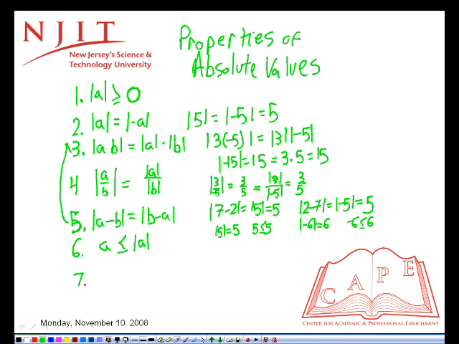The seventh property is called the triangle inequality. This says that the absolute value of the sum of two numbers is less than or equal to the sum of the absolute values of the same two numbers.